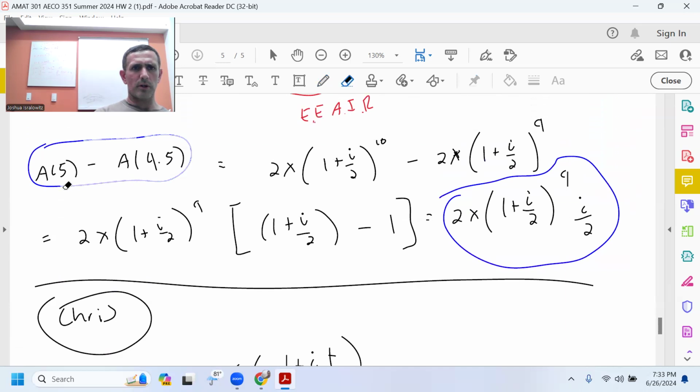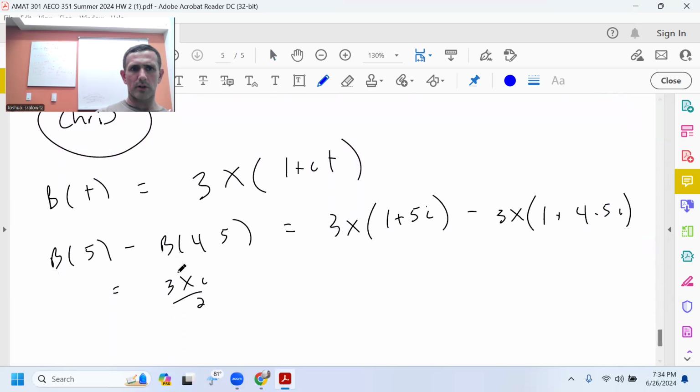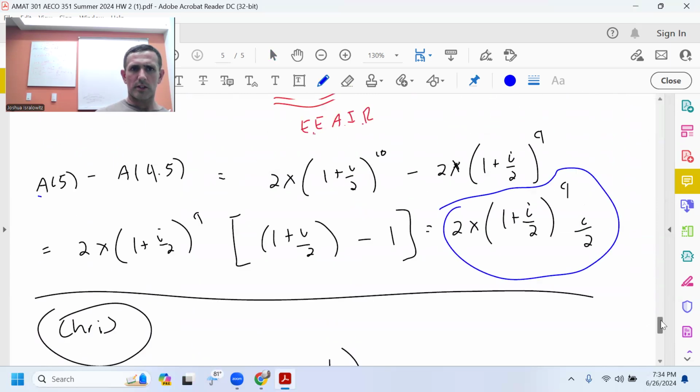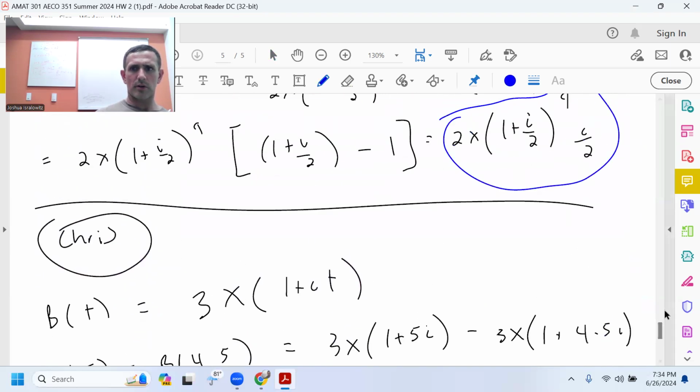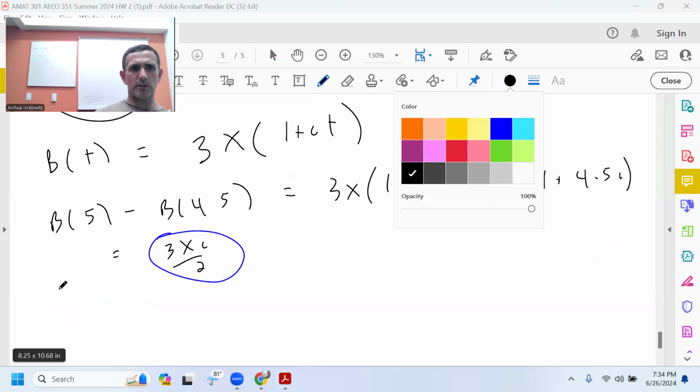So these are going to be equal, in blue: this one and this one. So just set these two in blue equal, because you're given that the interest earned in the last 6 months of the 5th year is equal.